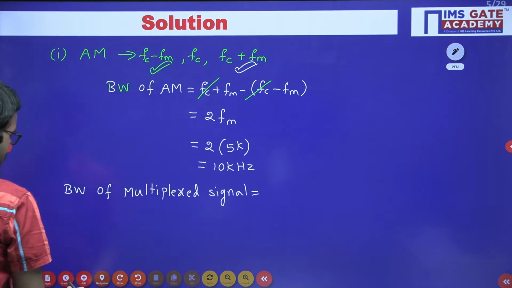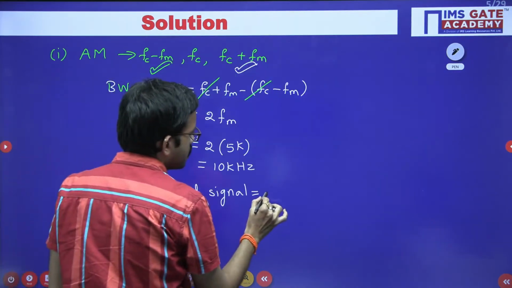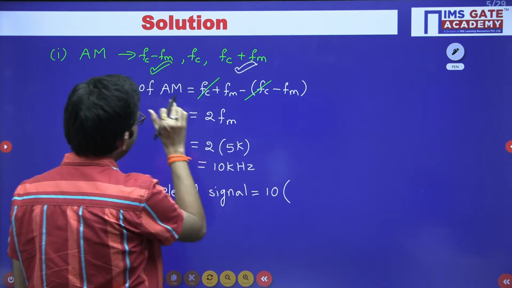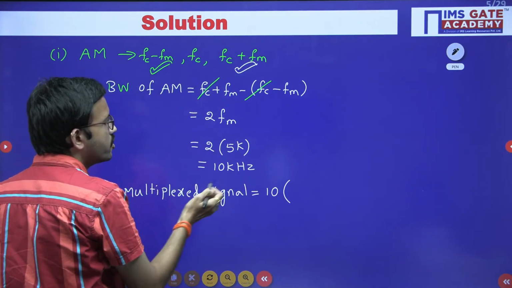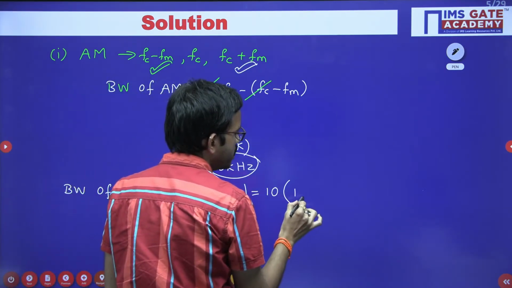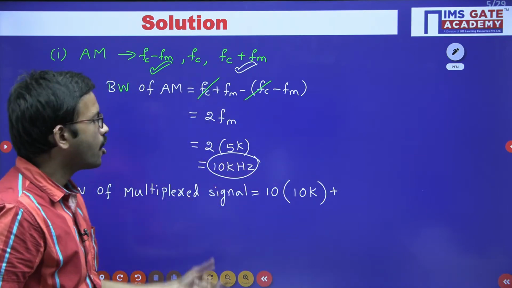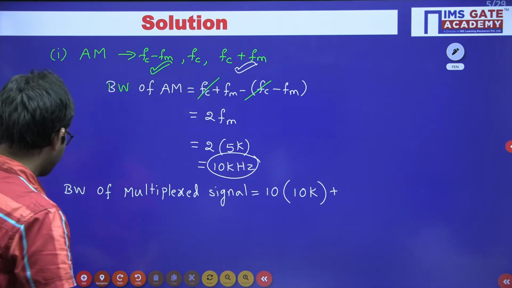Here you have a total of 10 signals. For every signal with an AM modulator, you get a bandwidth of 10 kHz, so 10 into 10K, plus. Now tell me, how many guard bands do we have to consider?